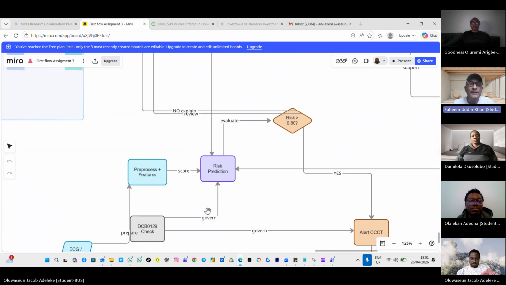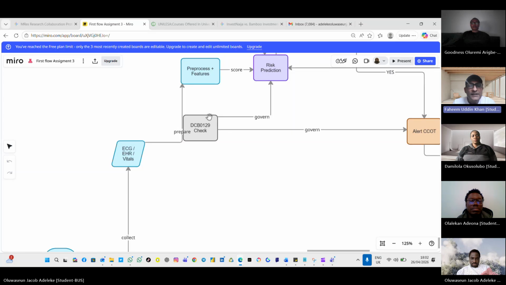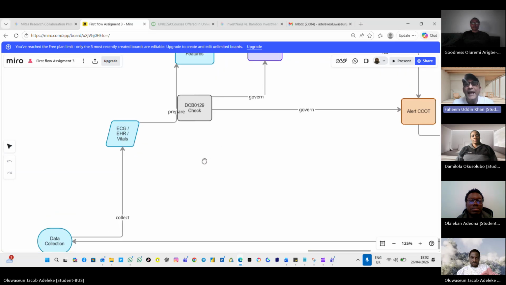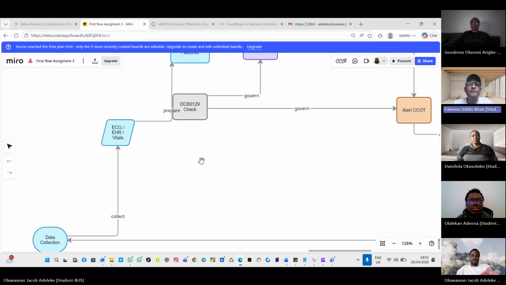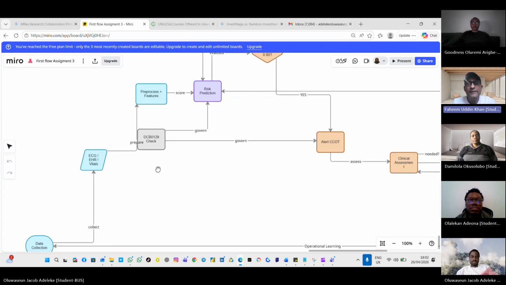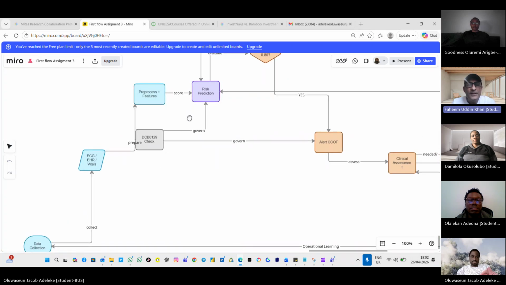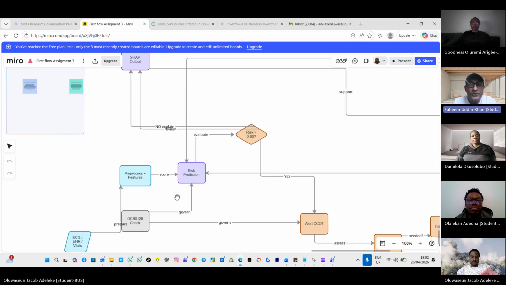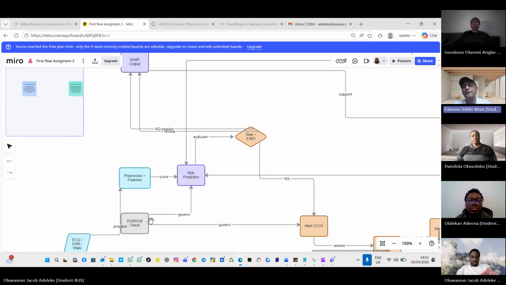So what is DCP 0129? DCP 0129 ensures that any digital health system is carefully checked for risk before it is used. It requires risk assessment, safety documentation, and clinical validation. It makes sure risks are identified, system testing has been done perfectly, and, one more important thing, that patients are protected.